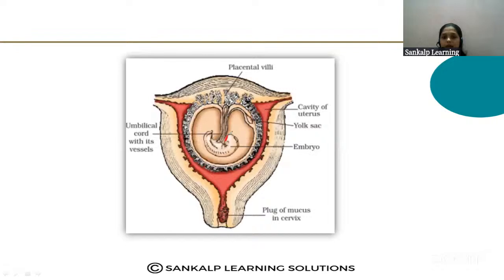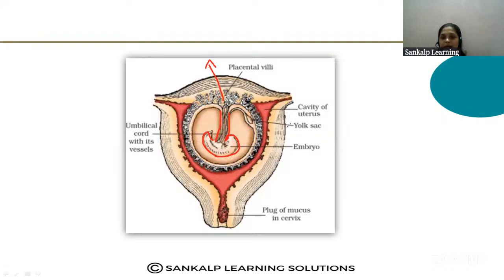In this diagram, this is the developing embryo, and here you can observe the umbilical cord that connects to the placenta. Here you can observe the placenta. The umbilical cord lies between the embryo and the placenta.